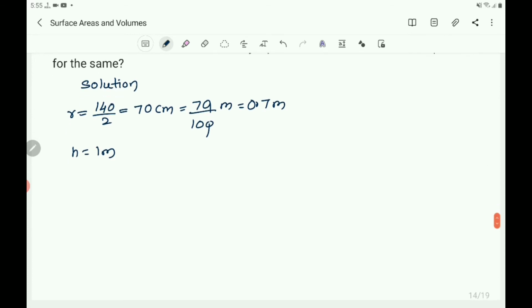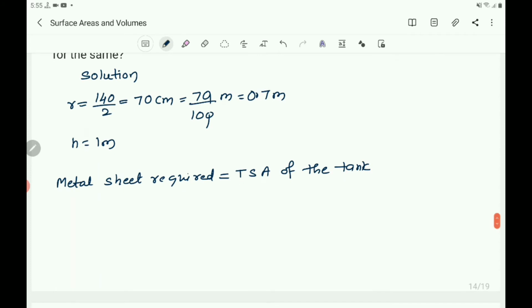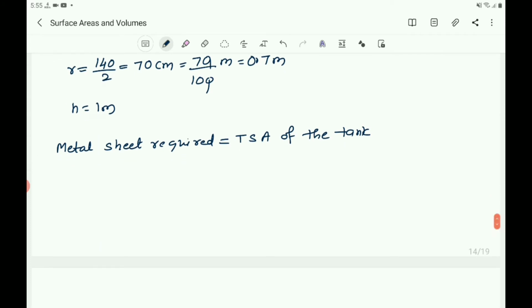Then find the metal sheet required to make a closed cylindrical tank. Metal sheet required equals, what is that? TSA of the tank. Because it is a closed tank, we have to write the total surface area.